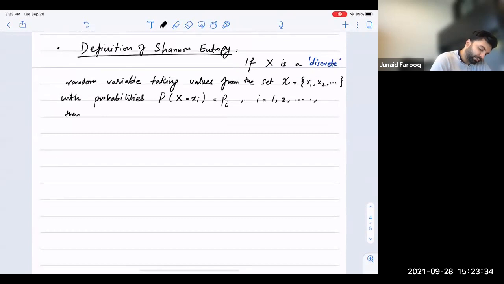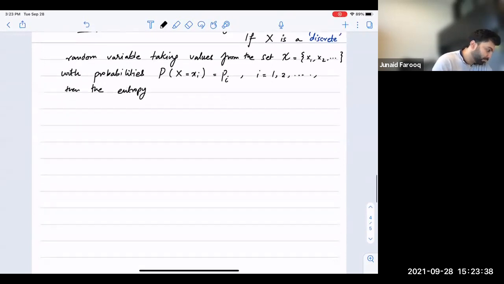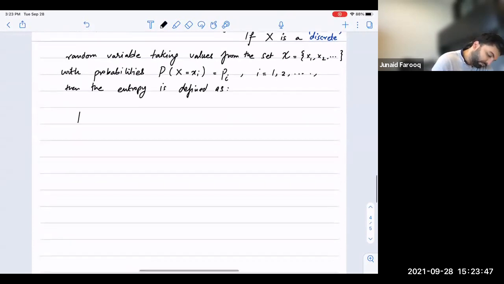Then the entropy is defined as H of x, which by definition is the sum, i is 1, 2, and so on, of pi log 2.